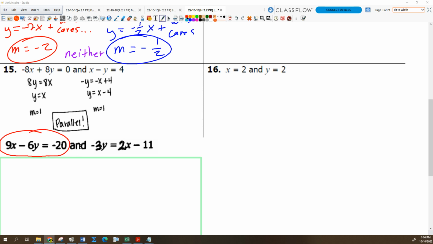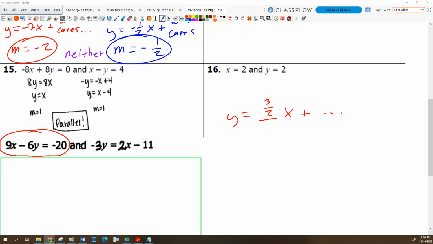We're going to get y equals what times x plus, who cares? Three over two. Everybody agree? I'm going to get -6y equals -9x plus blah. And so -9 divided by -6 is going to give us positive 3/2.